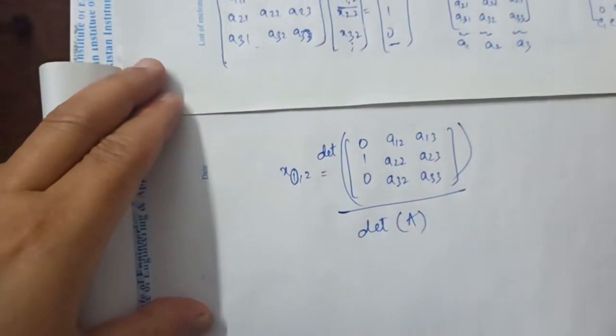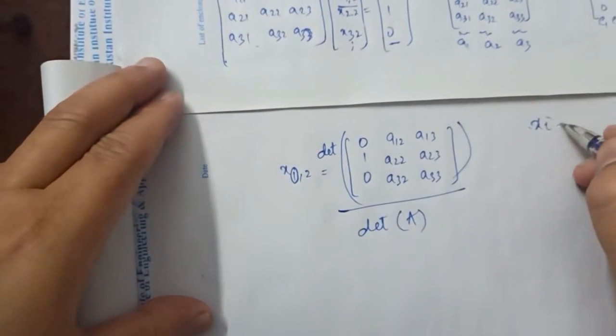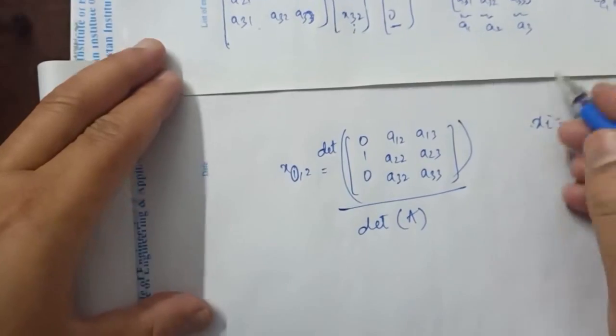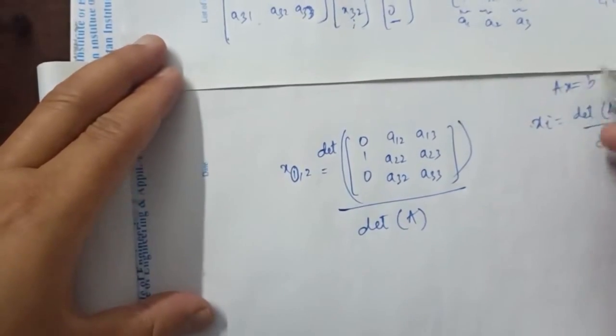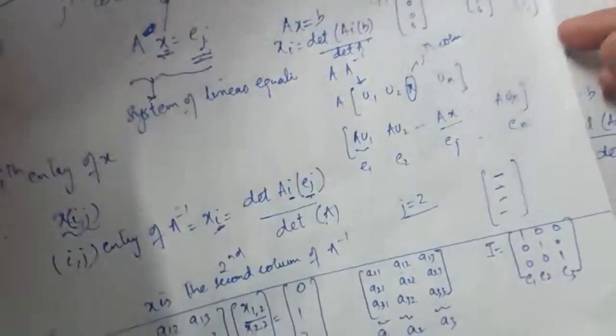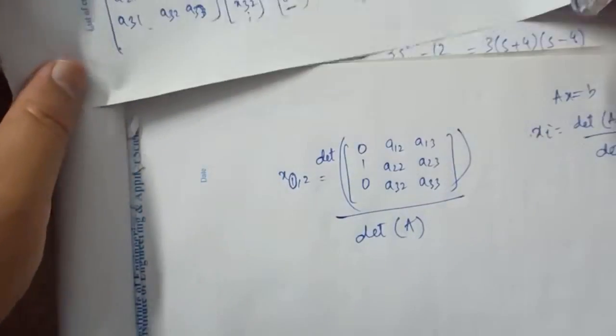Remember the formula of Cramer's rule: x of i is the determinant of A_i(b) divided by the determinant of A, and it was Ax equals b. Now compare this Ax equals b with this one.